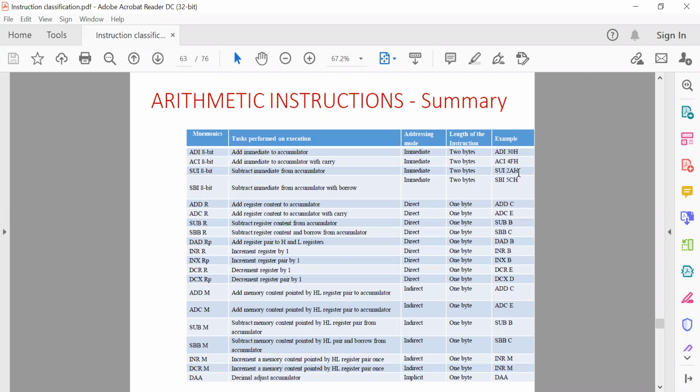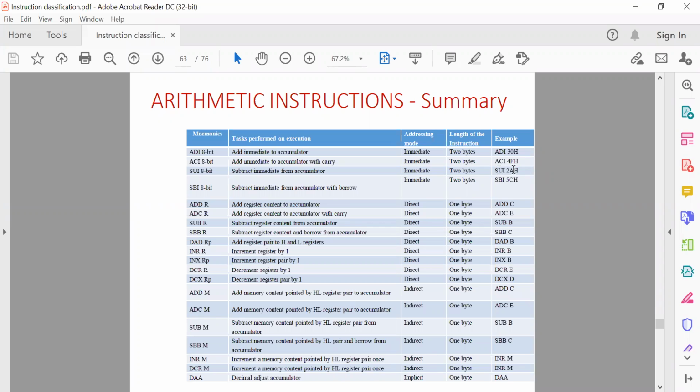In the same way, subtraction can be performed using the SUI instruction. SUI, subtract immediate data from the accumulator. And the meaning of the instruction SUI 2A is A minus 2A. The first A means the accumulator; here the second A means the data.